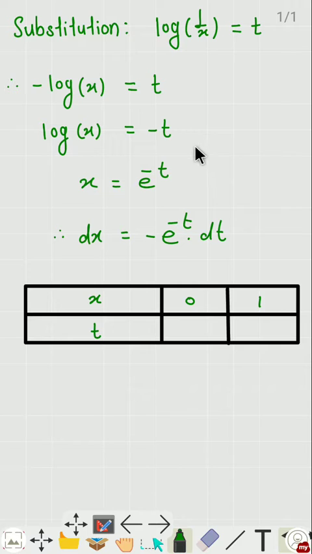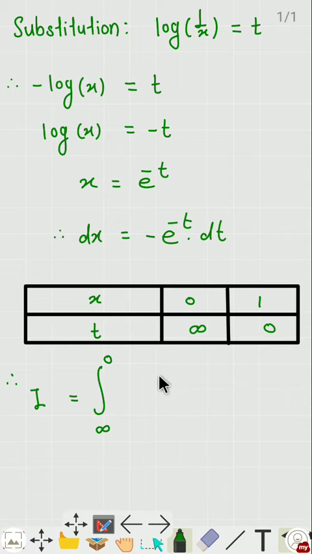If I put x is equal to 0, then log 0 is minus infinity, minus minus plus it becomes infinity, and if I put x is equal to 1, log 1 is 0, so t will be 0. And therefore the value of integration I is now from infinity to 0.